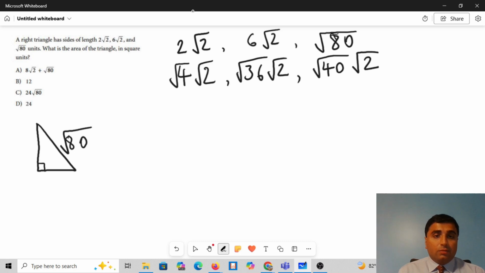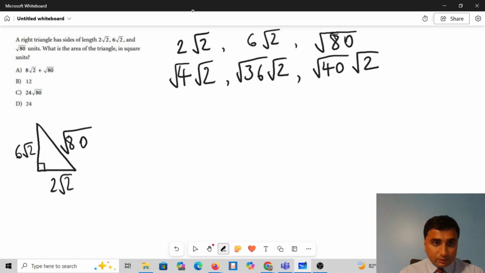And then the side lengths are going to be 2 times the square root of 2, and the other side length is going to be 6 times the square root of 2.